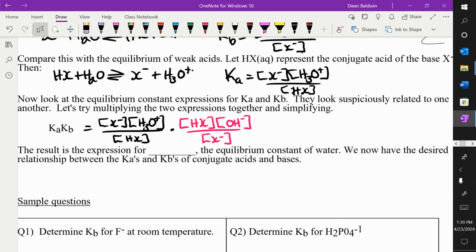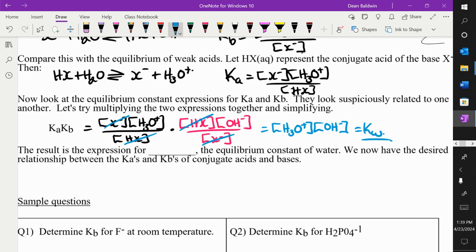Stuff's going to cancel. So HX cancels HX, X minus cancels X minus. We're left with, where have you seen that before? For water. That's for water, and it equals the Kw. So if you multiply the Ka and the Kb together, you get the Kw.